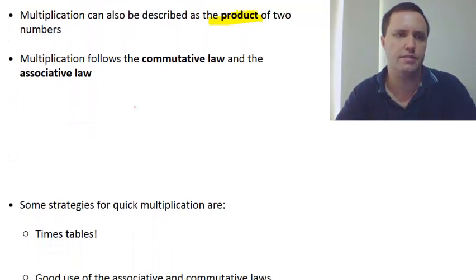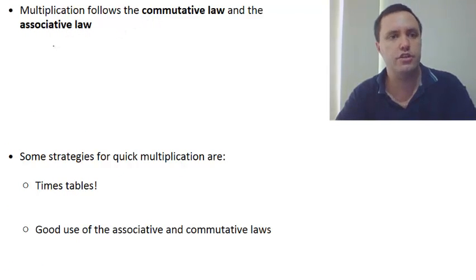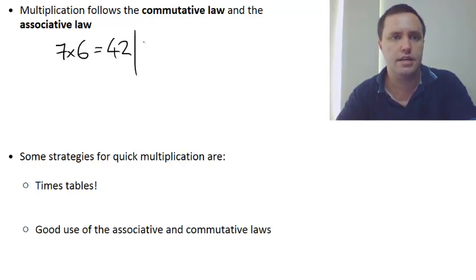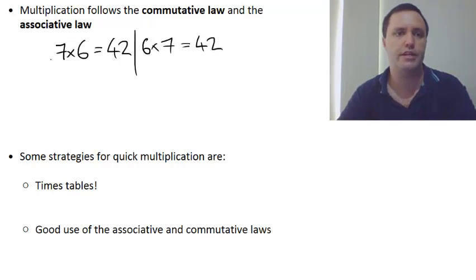Now, similar to addition, multiplication follows the commutative and the associative laws. Remember, commutative was that idea that 7 times 6 is equal to 42, just as 6 times 7 is also equal to 42. So we can switch the numbers around with multiplication.